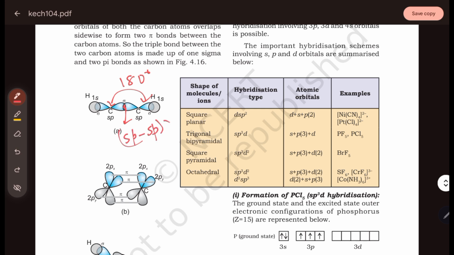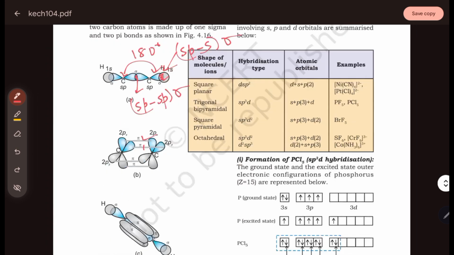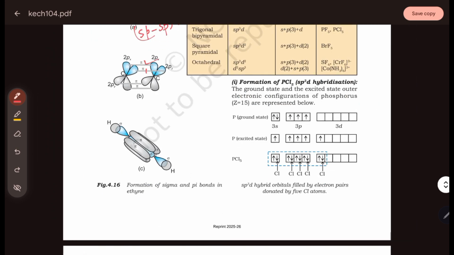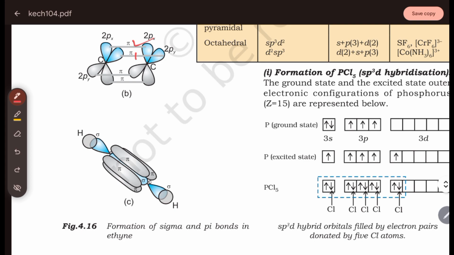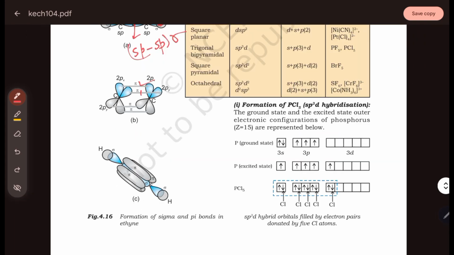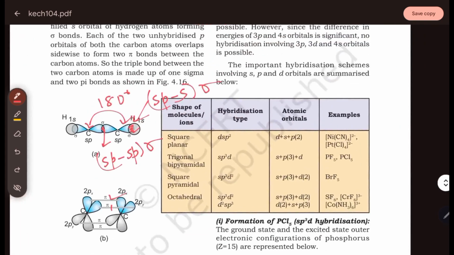So this is sp sigma and this sigma overlap is sp s sigma with sp hybridized orbital of carbon to s orbital, 1s orbital of hydrogen, and these are the pi 1 and the pi 2 overlap. So this is the plane. I can say that above the sigma plane and below the sigma plane there is overlap.